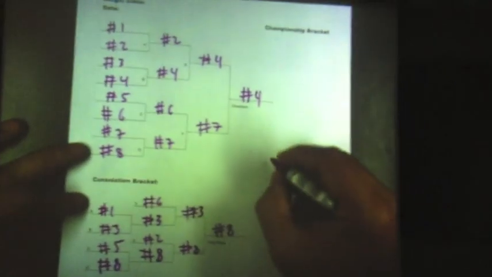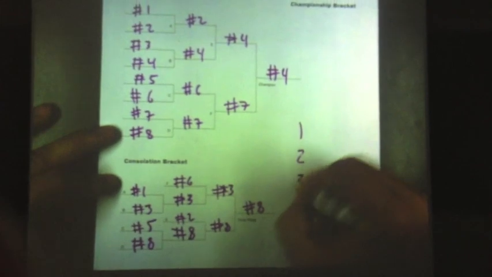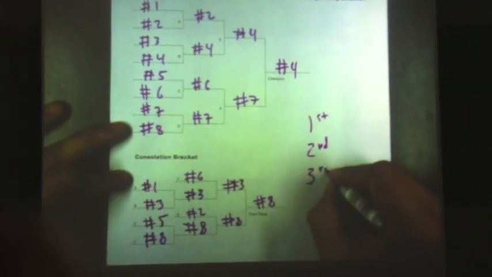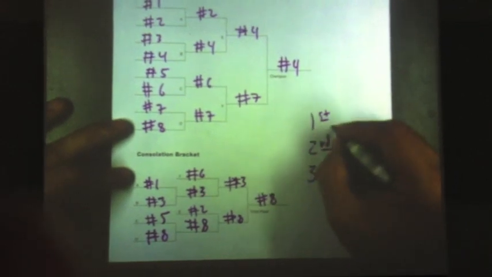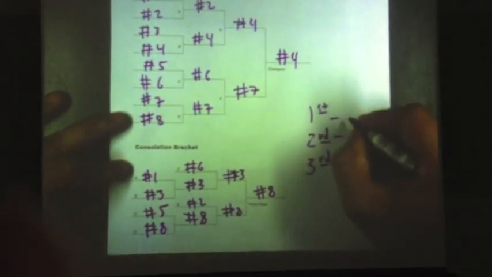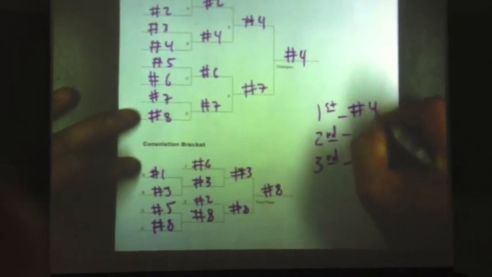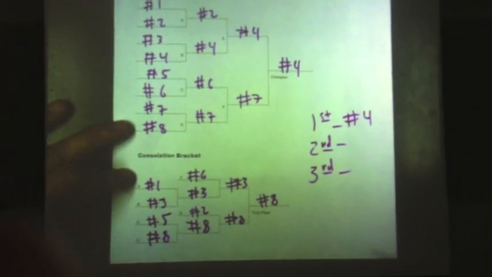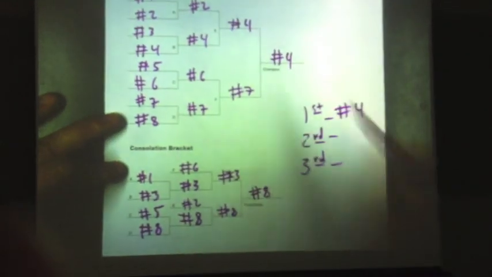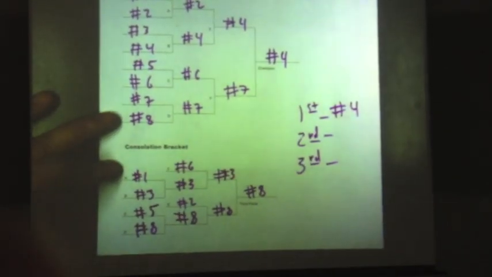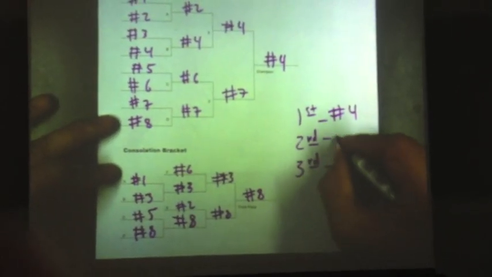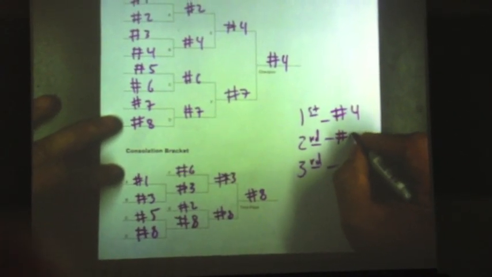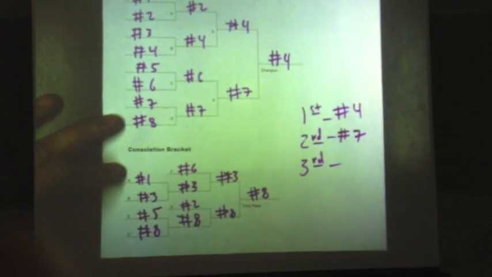So now we have first, second, and third. Number 4 is the first place winner of the bracket, seeing as he hasn't lost any matches. You can see he followed his way through the bracket there. And second place would be the loser of the championship finals, number 7.